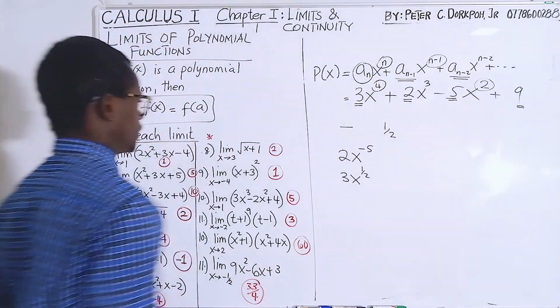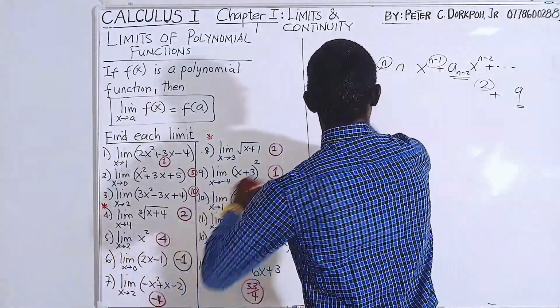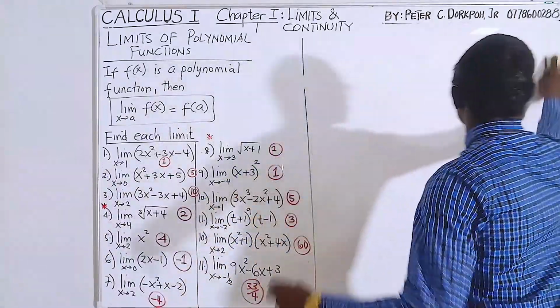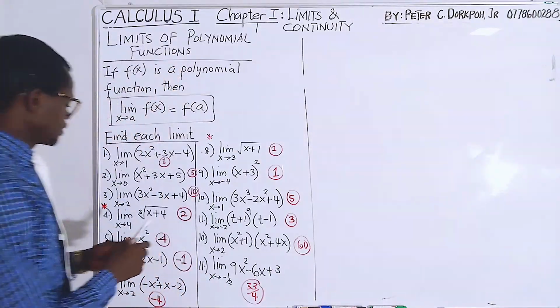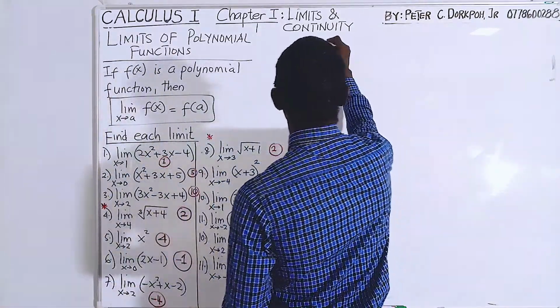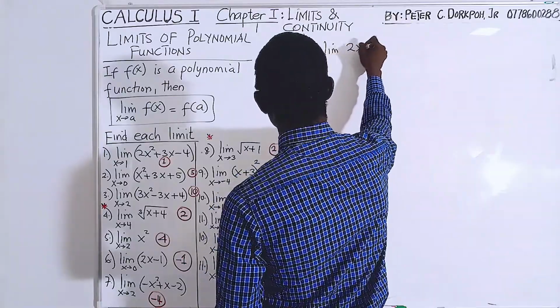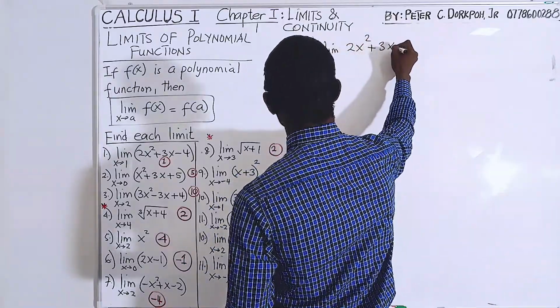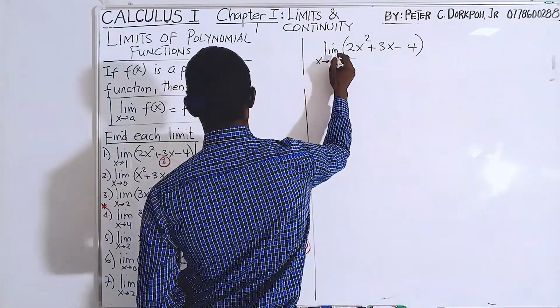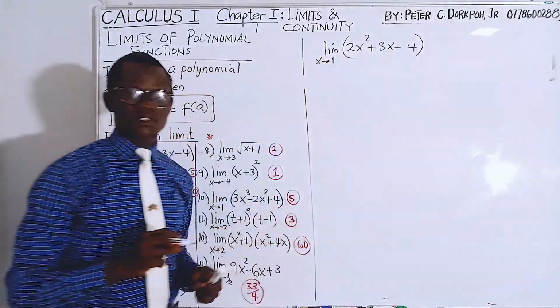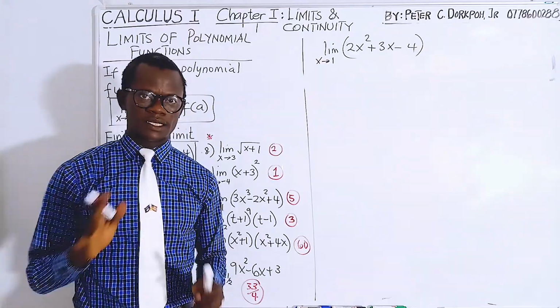So now, let's solve these problems. We take the first one. Question 1 says, find the limit of 2x squared plus 3x minus 4 as x is approaching 1. If you were asked to just find a limit, it's easier.